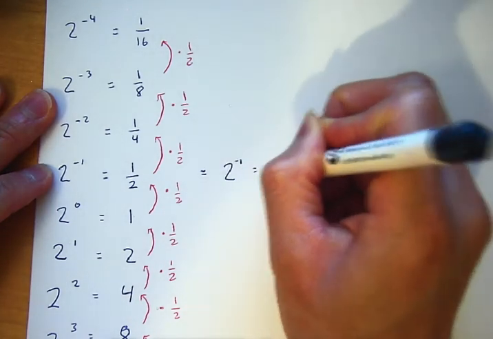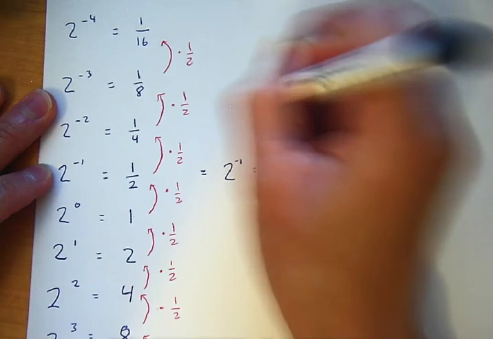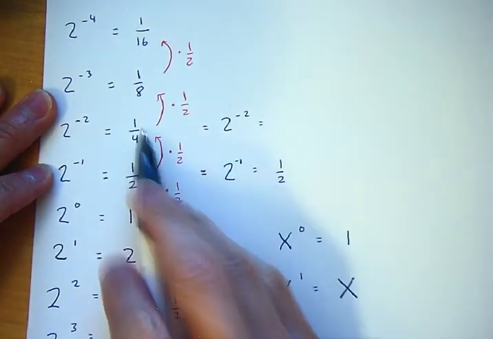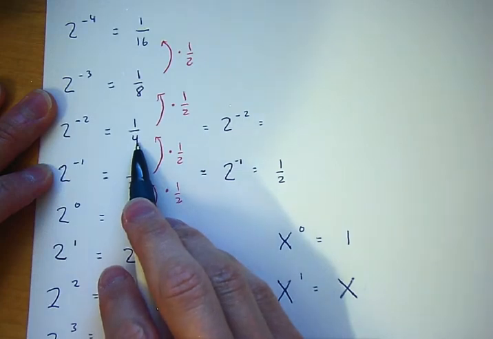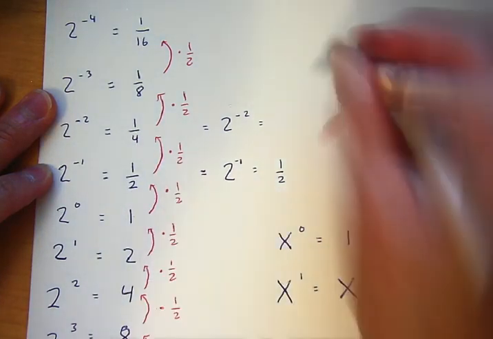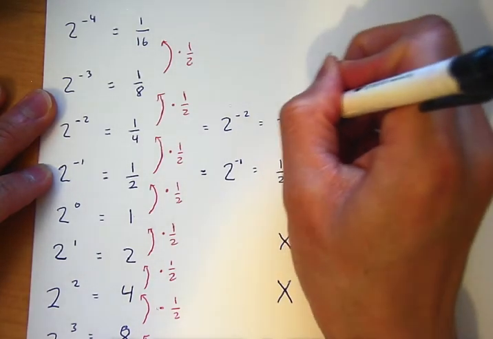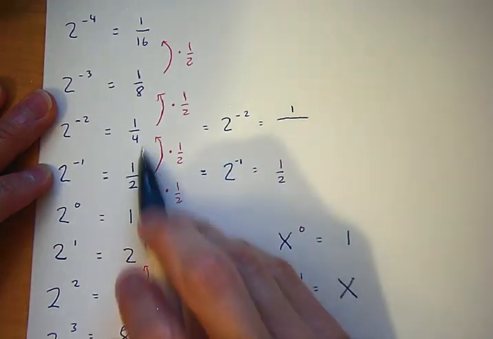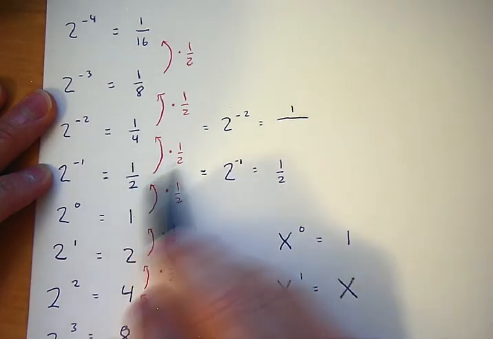So that was equal to 1/2. This one was 2 to the negative 2 equal to 1/4. And how did I get 1/4? I did 1/2 times 1/2. So the top was a 1. And the bottom, where did I get this 4 from? 2 times 2.